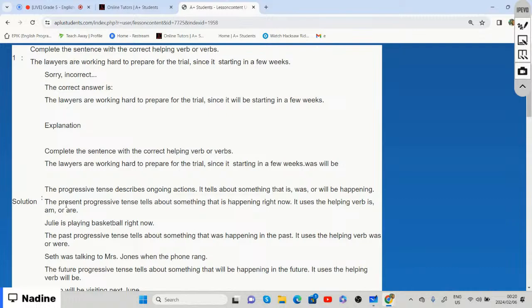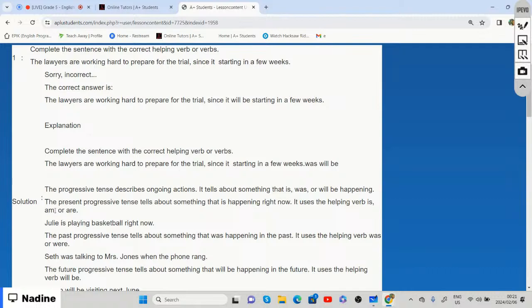But present tense or present progressive tense, it tells about something that is happening right now. That's a present tense. It's happening right now. Right? The fact that you are listening to me, all right? It's basically an action that is happening now. The fact that you're watching your screen, you are doing something.